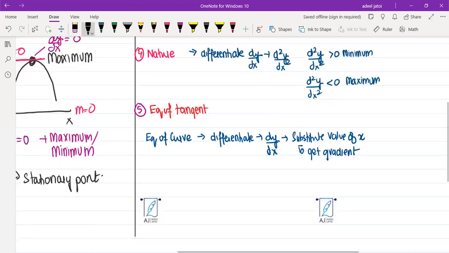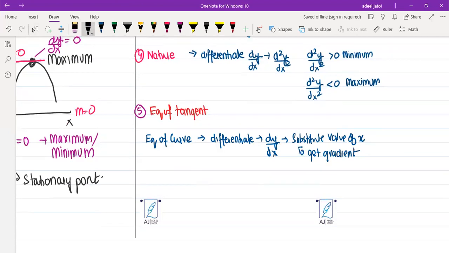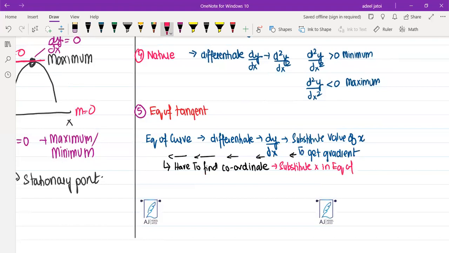Then you also have to find the coordinate. For the coordinate, substitute x in the equation of curve.